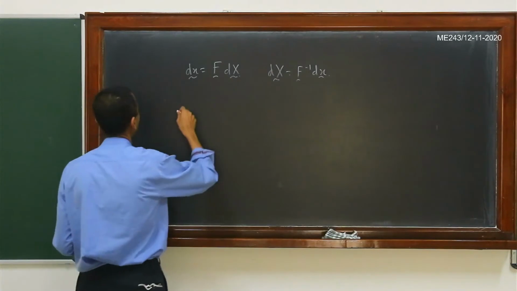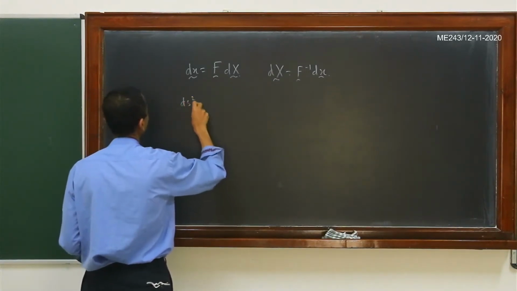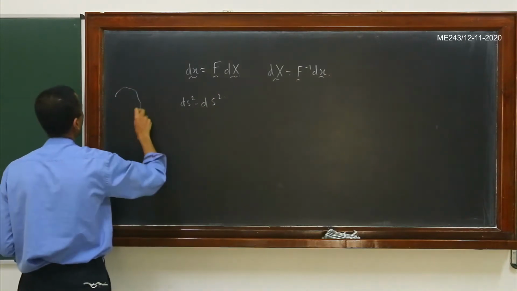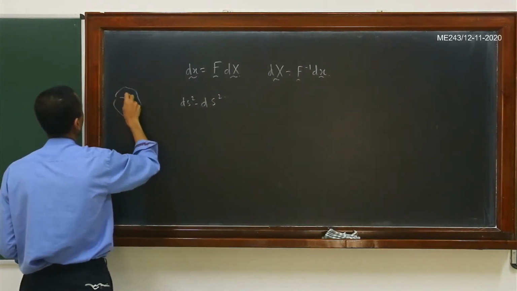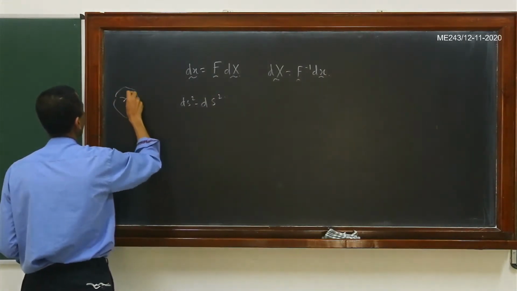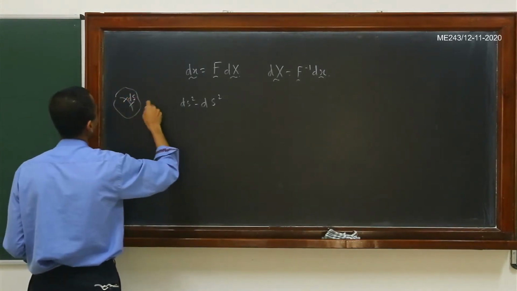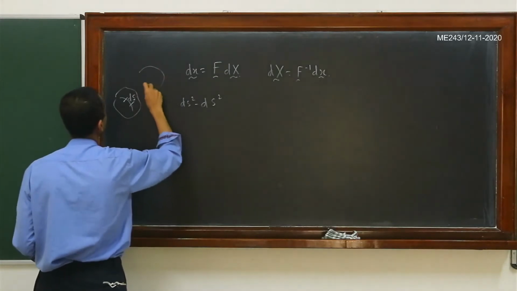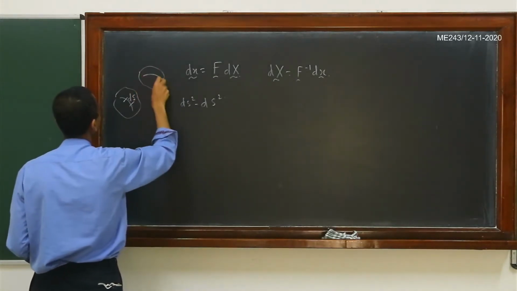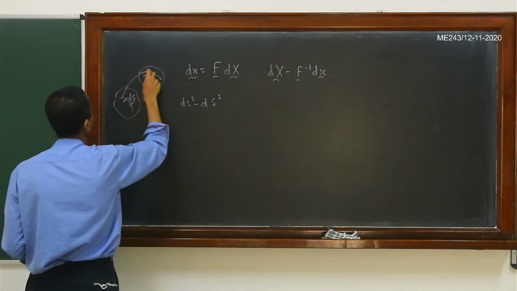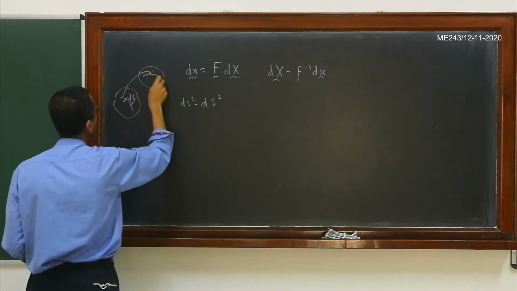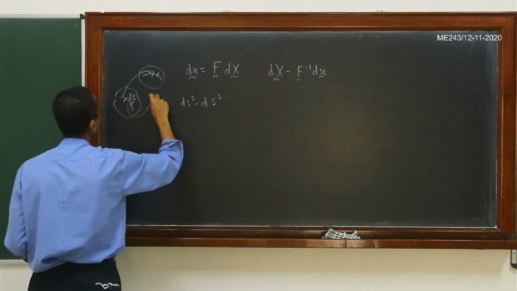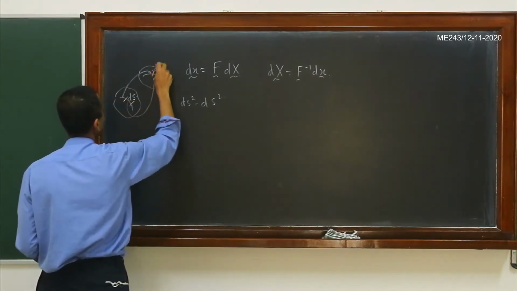So if I now write ds squared minus dS squared, let us draw the undeformed configuration. The dS is some element of length in the undeformed configuration, and it goes into some deformed configuration. Imagine this curve going to this deformed curve, and this dS is now getting mapped to small ds.